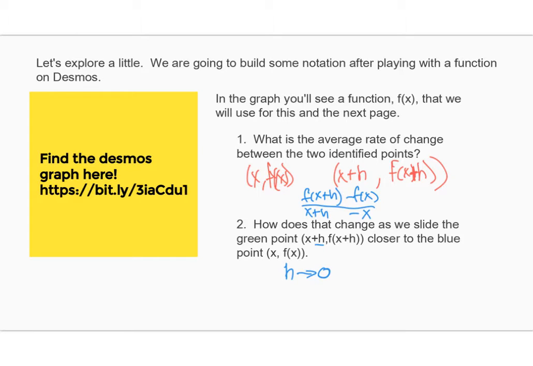The second thing is that instead of looking at 2 points, we're going to begin trying to find the slope of 1 point. And that might be a little problematic because you might notice that it disappears the second they get to each other. We kind of predict we'd have an issue there, because if h becomes 0, we end up with 0 over 0 for this slope. And that's weird.